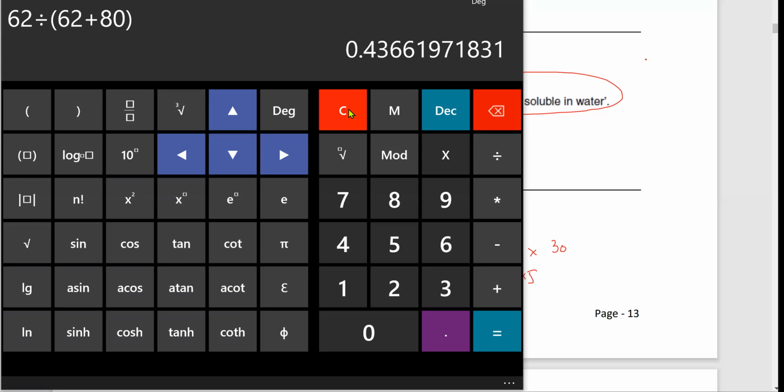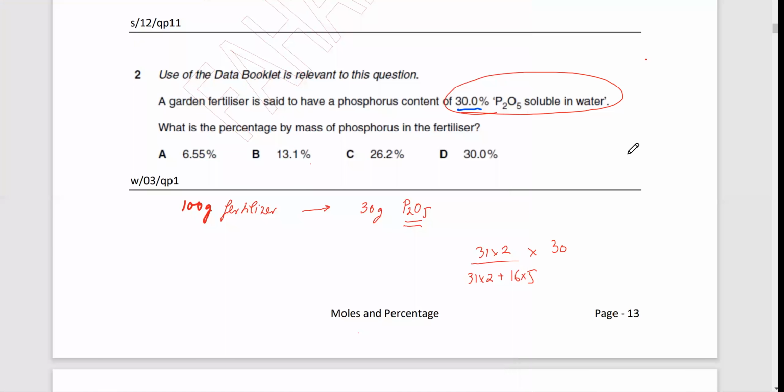So I'm going to multiply 0.43 into 30. And I get 12.9.